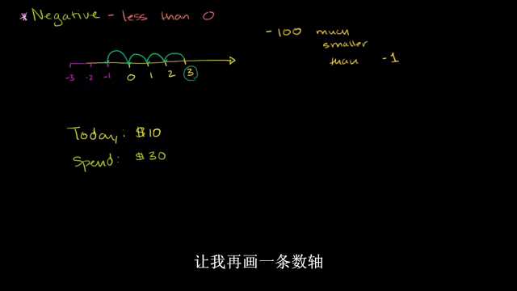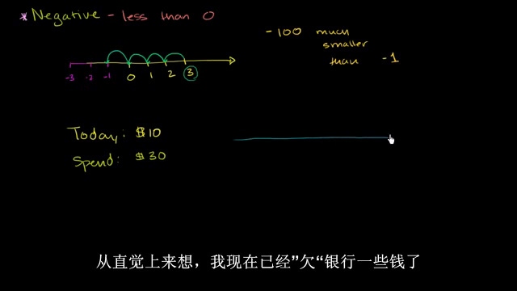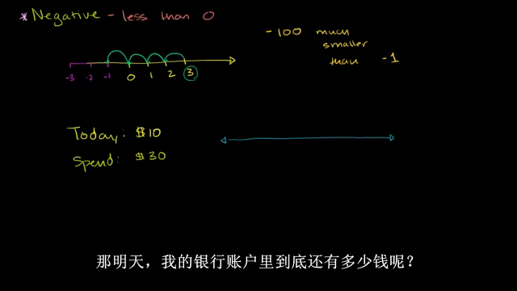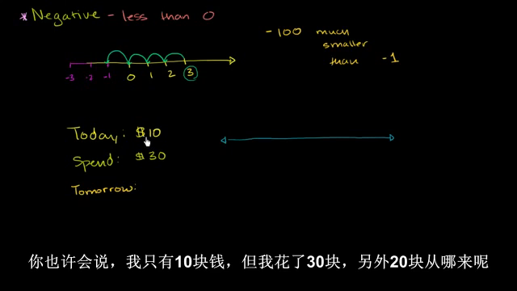Let me draw a number line here. You might already have an intuitive response: I will owe the bank some money. So tomorrow, what is my bank account? If I have $10 and I spend $30, there's $20 that had to come from someplace, and that $20 is coming from the bank.